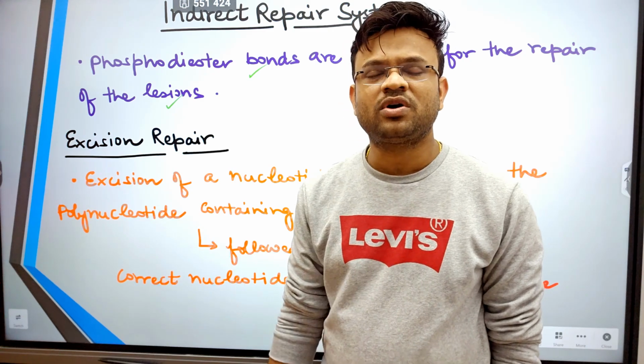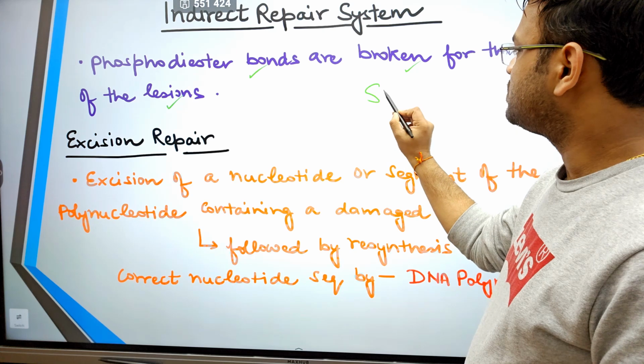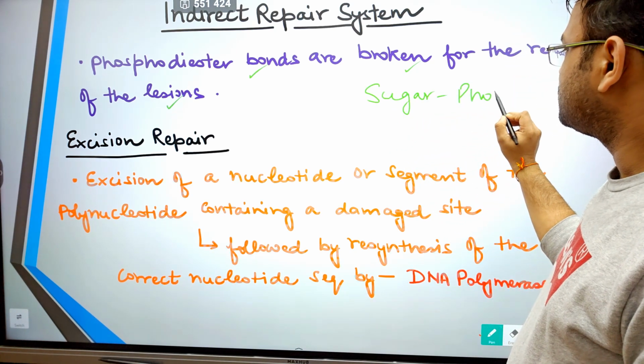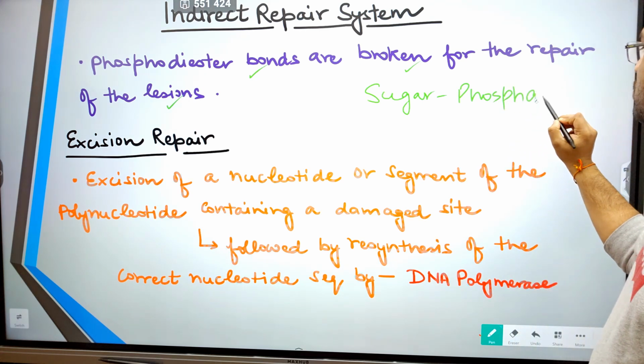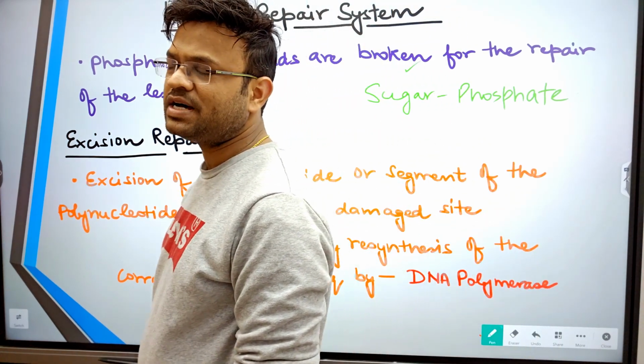Now, for those of you who do not understand what phosphodiester bonds are, these bonds are the sugar phosphate bonds. You might be knowing about the sugar phosphate backbone that is present inside the DNA as well as the RNA.